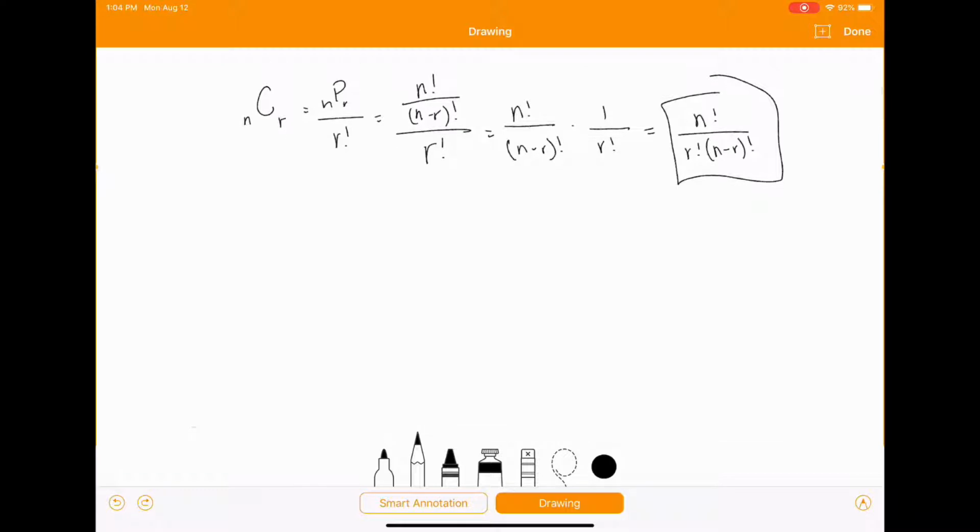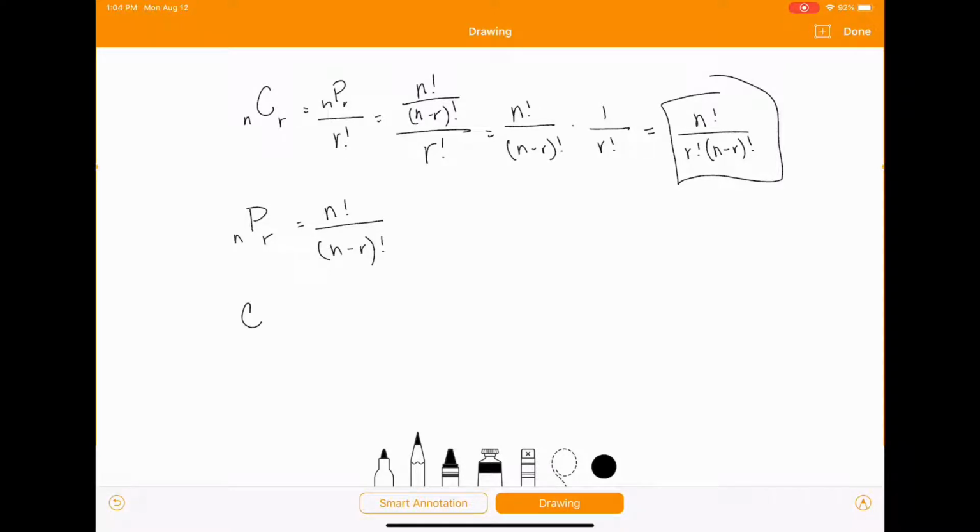All right, so again, I'll just lay those equations out for you one more time. Your permutations of n objects taken r at a time is equal to n factorial all over n minus r factorial.